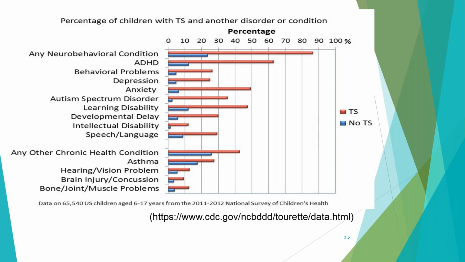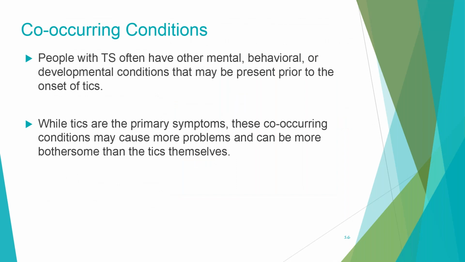And gosh, when you think about the ticking, look at the bone and joint and muscle problems that our kids might encounter as a side effect of their tics, some of which can be really injurious.